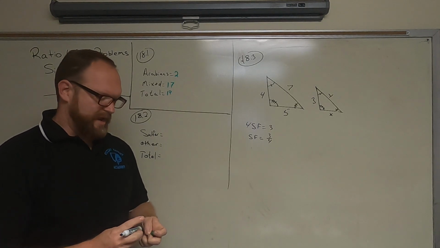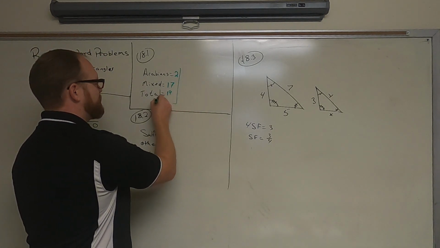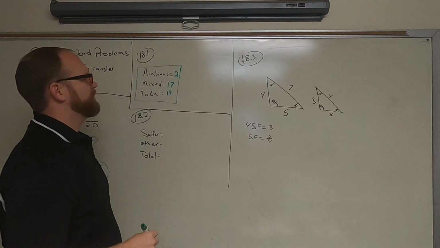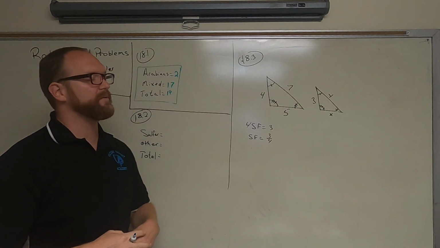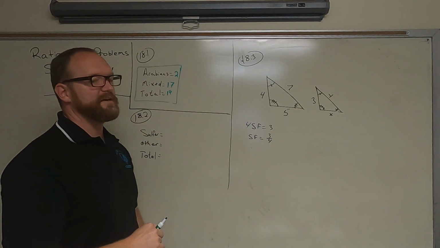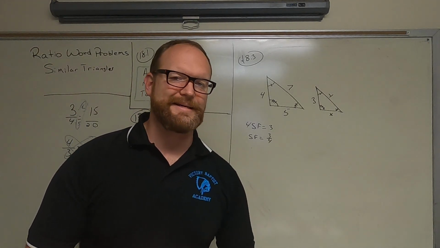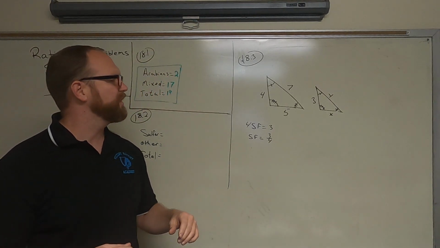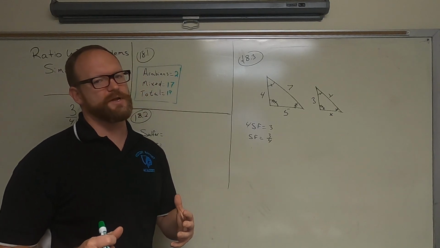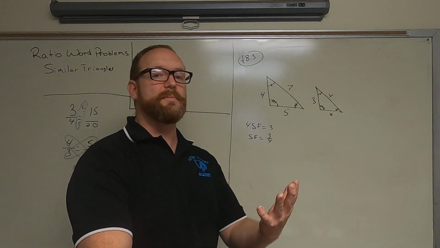All right, so here's why I have to know that. Because what we've done right here is simply get ratios from Arabians to mixed to total. This is just a ratio because it's giving us an idea of how they're mixed. But it says we have a total of 380 horses, and it wants to know how many were Arabians.